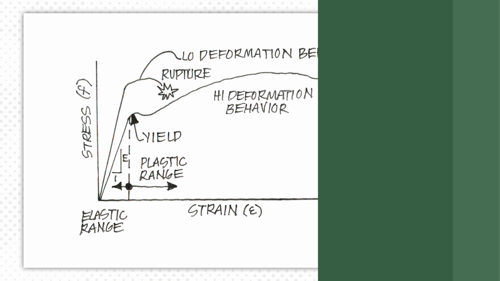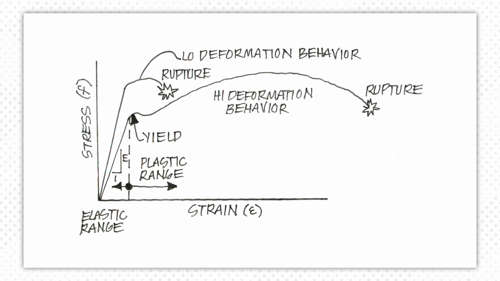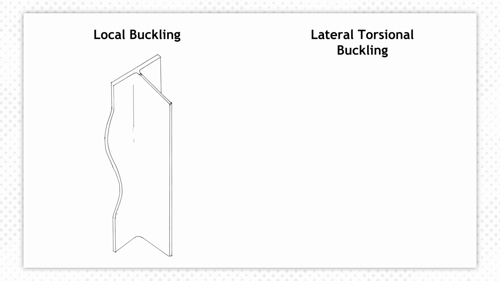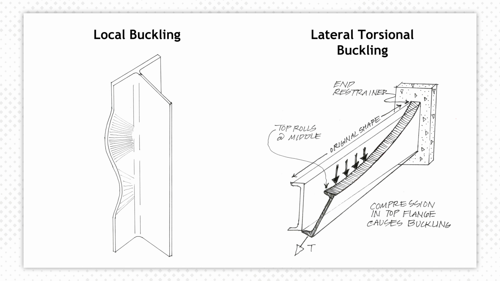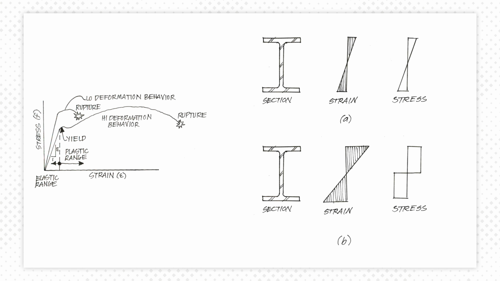Yielding begins when the bending stresses reach the material's yield stress, and follow basic principles of mechanics of materials. Local buckling occurs in compression regions in slender elements. Lateral torsional buckling happens when the beam rolls over due to internal compressive forces in the member with insufficient bracing. The first limit state for flexural design is yielding of the cross-section.